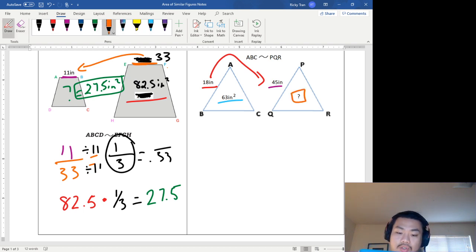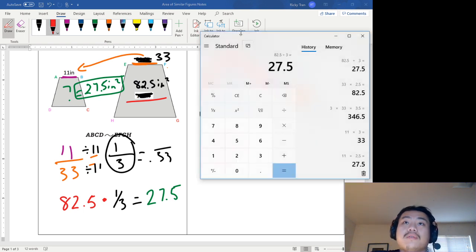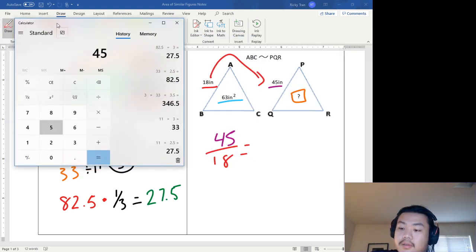Okay, so again, second value over the first value. 45 over 18. So let's just take 45 divided by 18, 2.5.